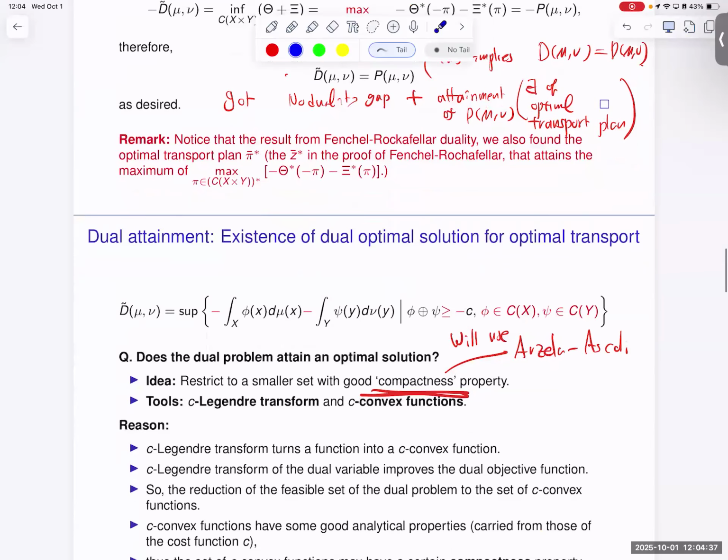To learn that, we will first learn the so-called C-Legendre transform and C-convex functions.